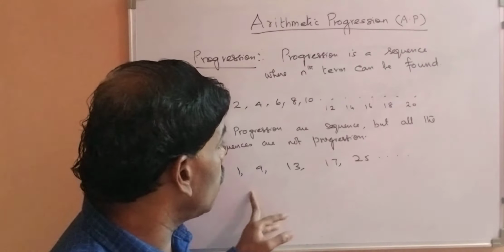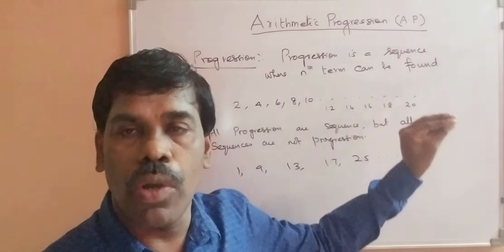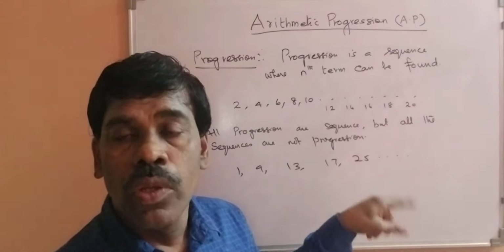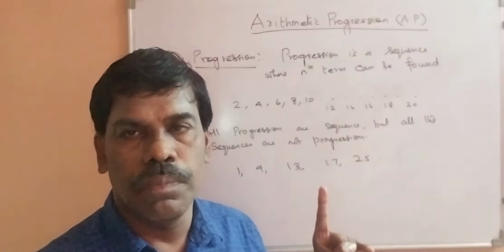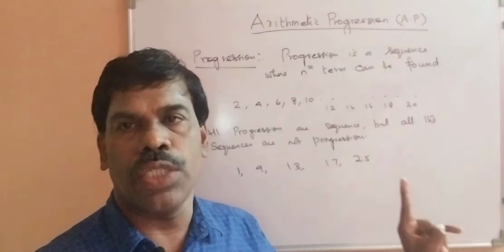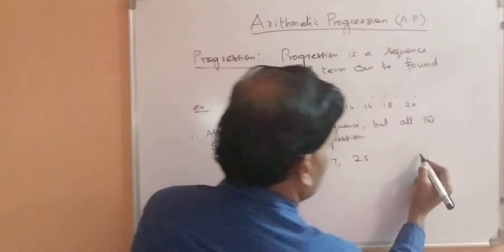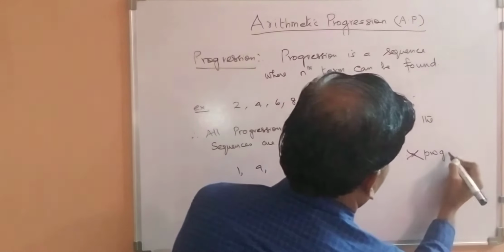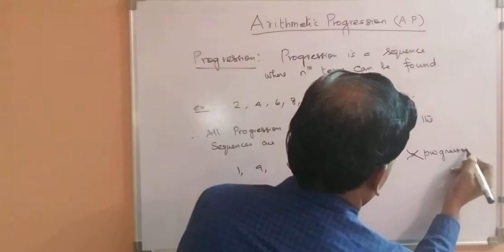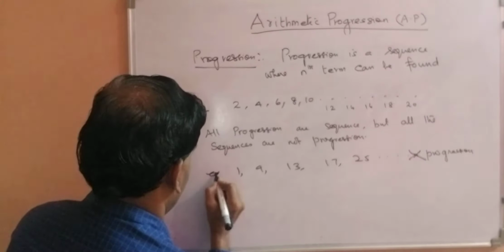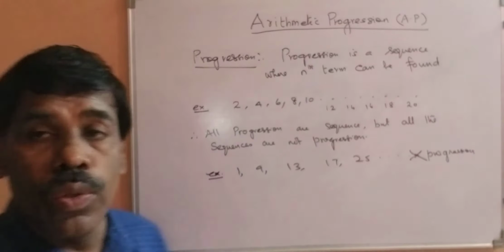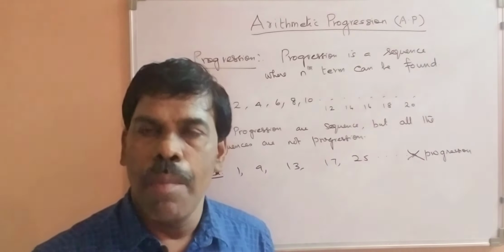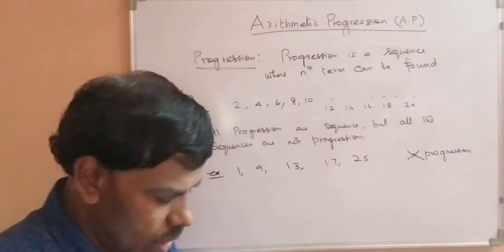But here you cannot find out the 5th term or 6th term or 100th term because no rule is followed, no pattern is followed, no mathematical logic is followed. So this is not a progression. So all progressions are sequences, but all sequences are not progressions.